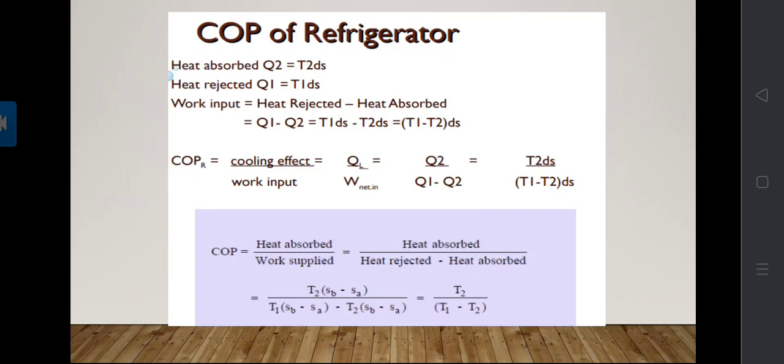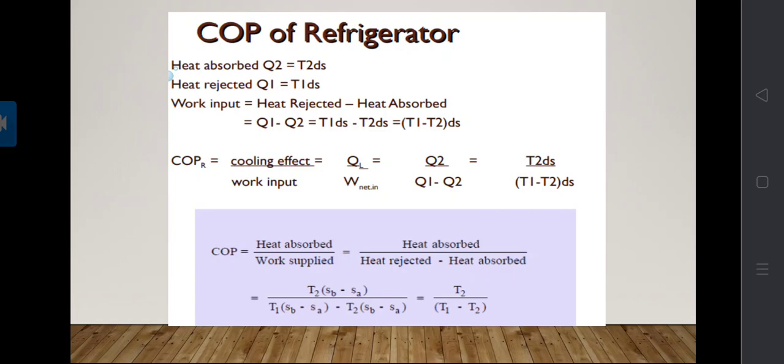Again, here it is explained another way: the COP of the refrigerator is equal to heat absorbed divided by work supplied. Work supplied is equal to the heat rejected minus heat absorbed. So heat absorbed divided by (heat rejected minus heat absorbed).